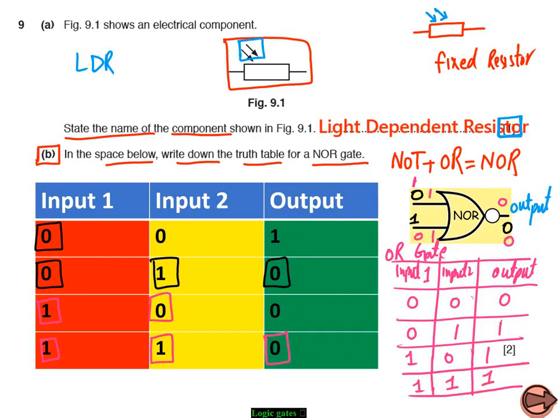Now we can do a quick comparison. Where you see 1 in the OR gate, you see 0 in the NOR gate, meaning it's just opposite. Where we see 0 in the OR gate output, we see 1 here. So this is a very basic concept. If you have this understanding, that's wonderful. So let's move on to the next one.